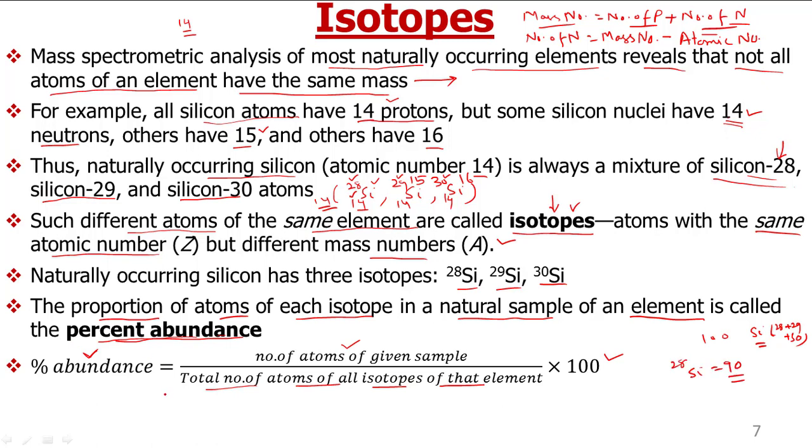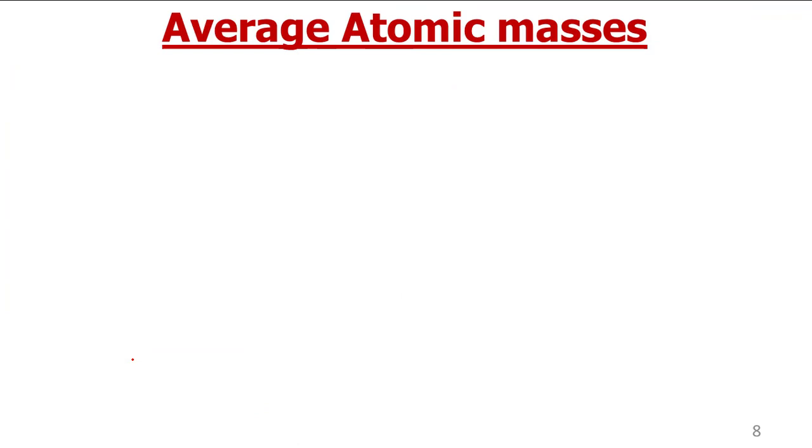So percent abundance will be the number of atoms of the given isotope, 90, divided by the total, 100, into 100, so it is 90%. That is how we calculate the percent abundance of an element, and this value is also given with the help of a mass spectrometer.